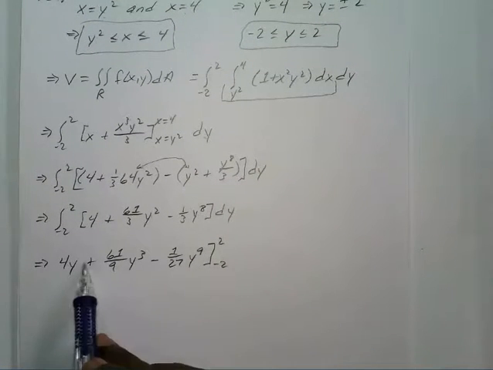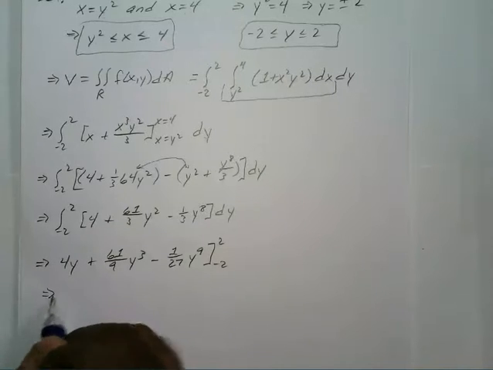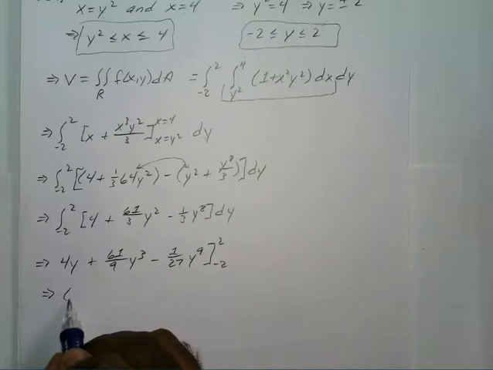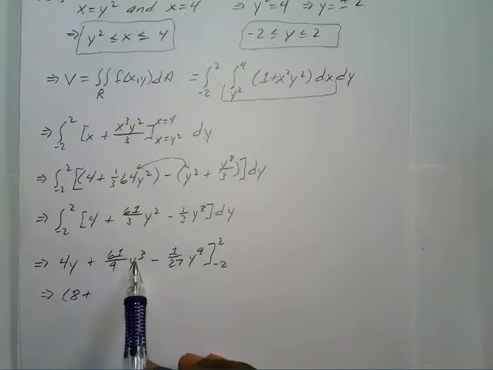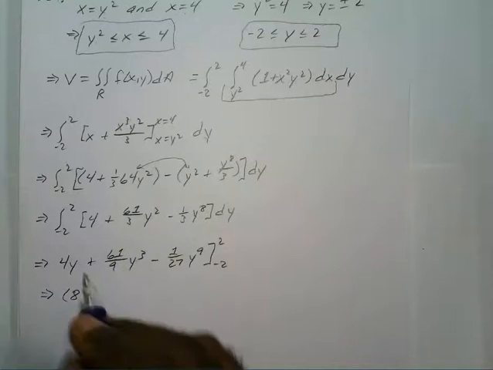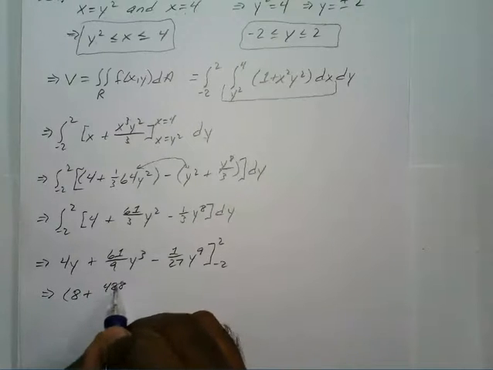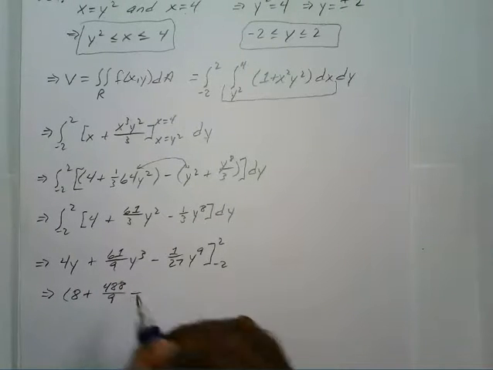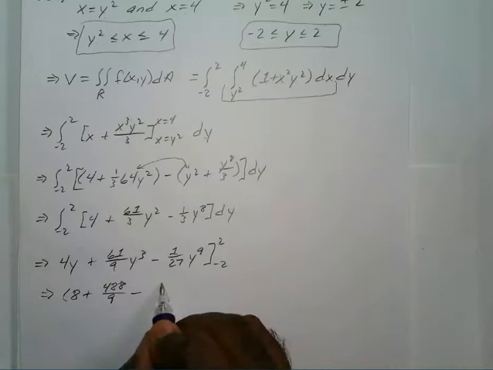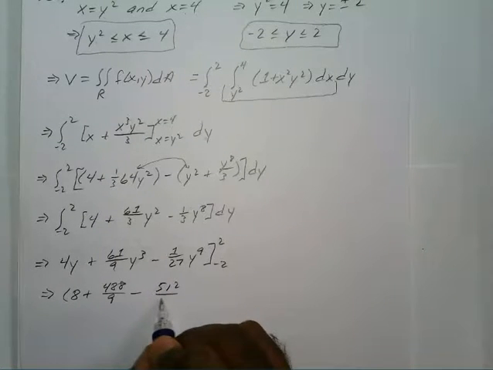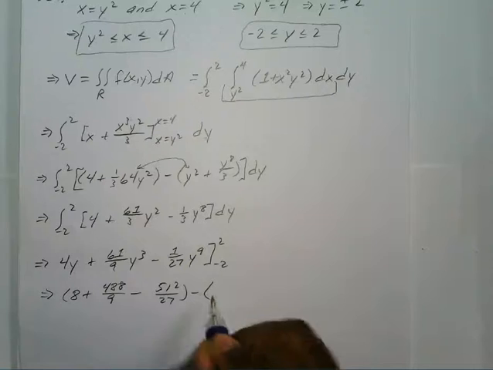We go ahead and plug in our 2's. 4 times 2 gives us 8, plus 2 times 2 times 2, that's 8, so 8 times 61 is 488 over 9, minus 2 to the 9th power, which is 512, so 512 over 27.